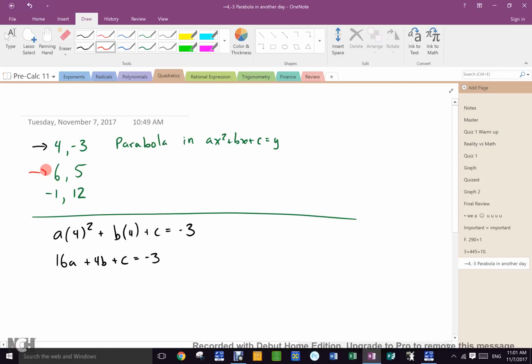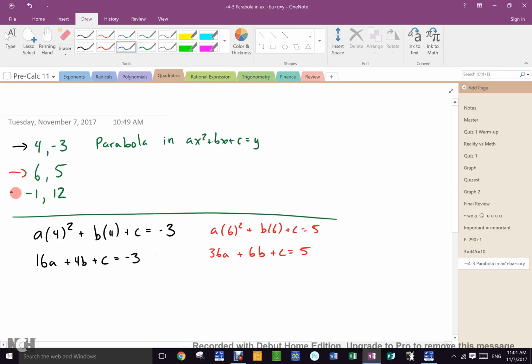Then I'm going to work in red. And I'm going to get a times 6 squared plus b times 6 plus c equals 5, which is going to get me 36a plus 6b plus c equals 5. Then I'm going to work in blue.